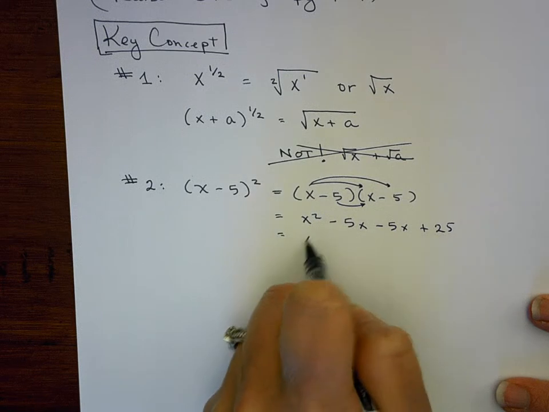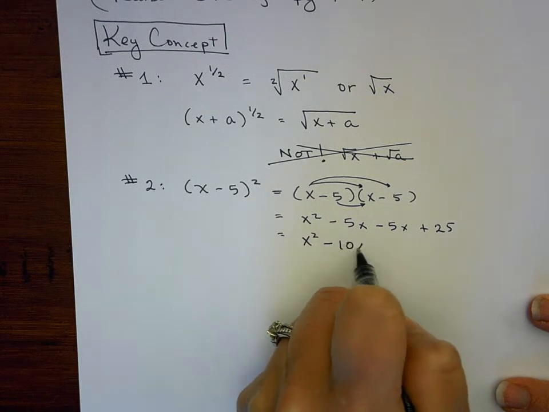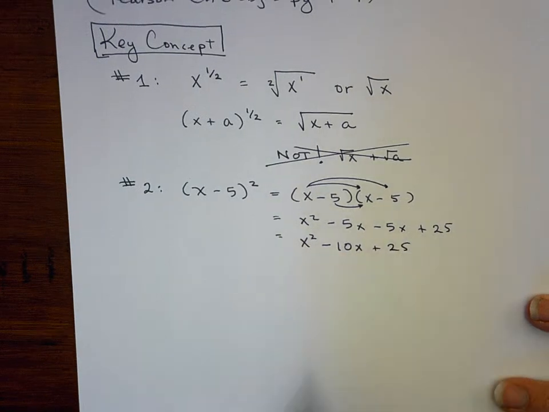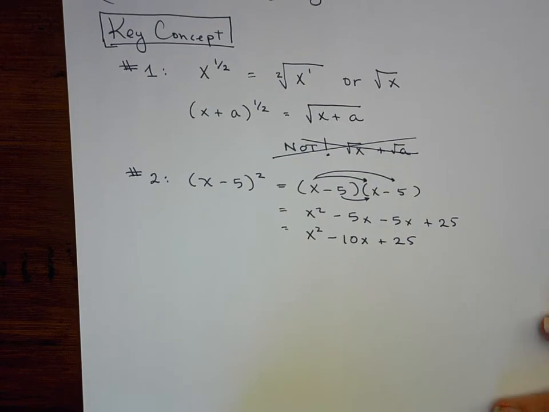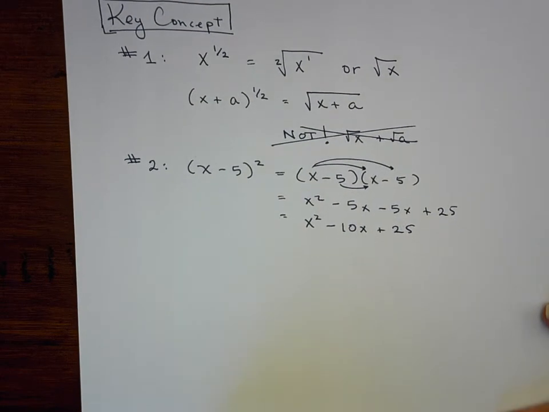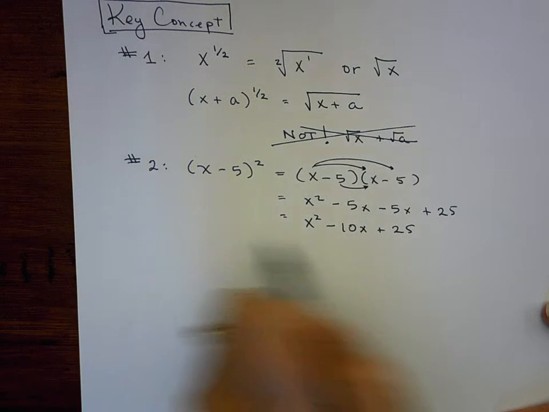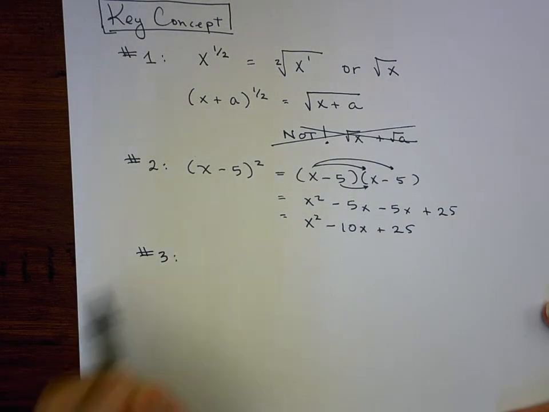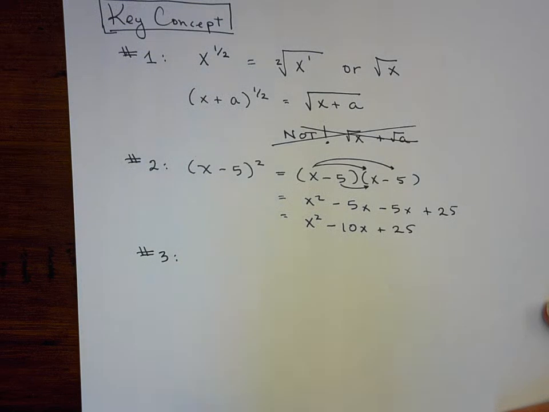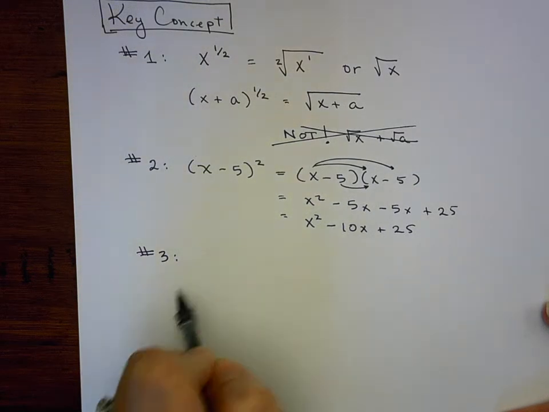And then the middle terms should combine. And so that would be distributive property, right? So if it's squared, we write it twice, and then distribute.